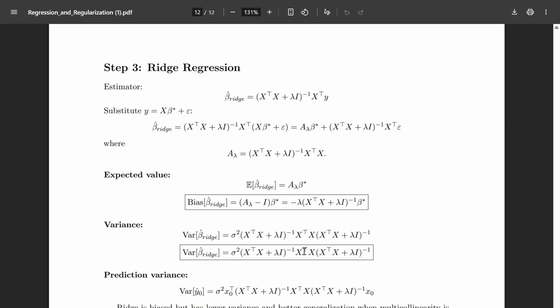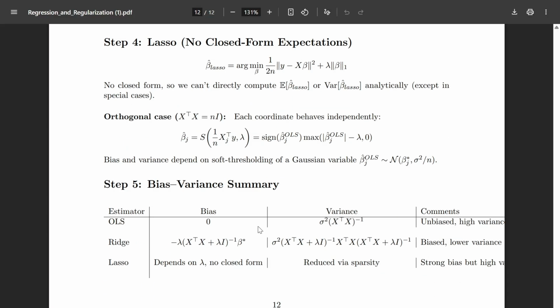So the summary is that for the OLS estimator, the bias is 0 and the variance is high. So it is unbiased, but it has a very high variance. But for regularized regressors, you'll see that the bias gets higher, but the variance gets lower.